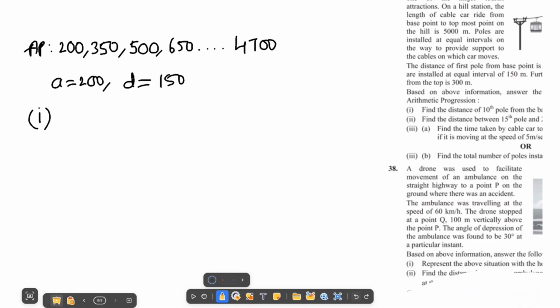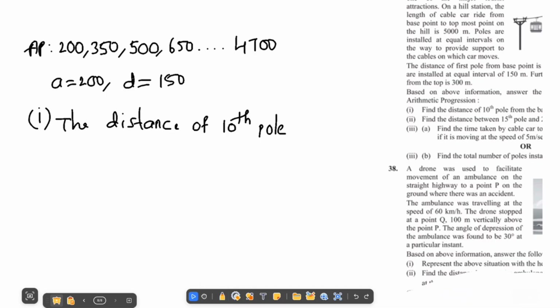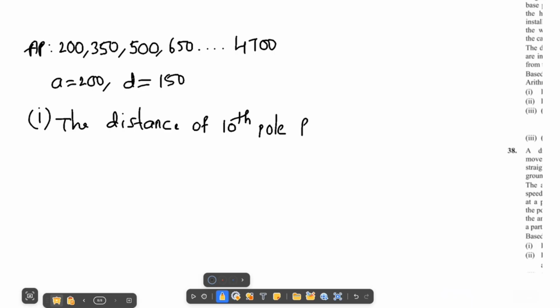The distance of 10th pole from the base will be equal to A10, the 10th term in the arithmetic progression.